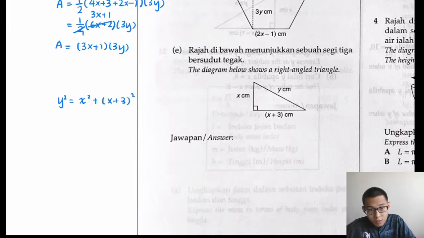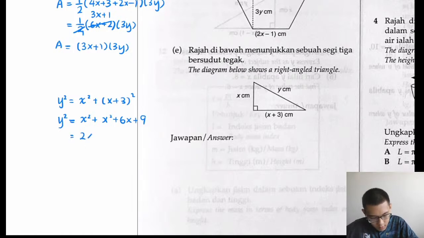So we need to expand it and simplify. Okay, we try now. y squared is equal to x squared plus x squared plus 6x plus 9. So now we have 2x squared plus 6x plus 9. So we can write this out. Done.